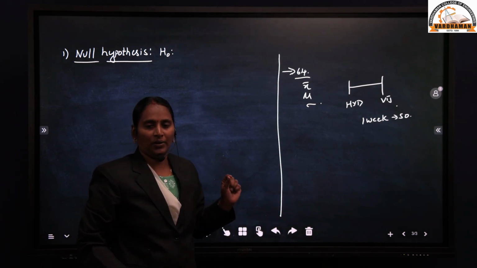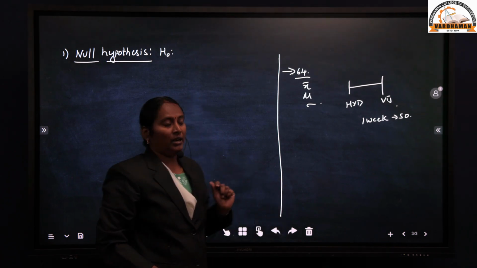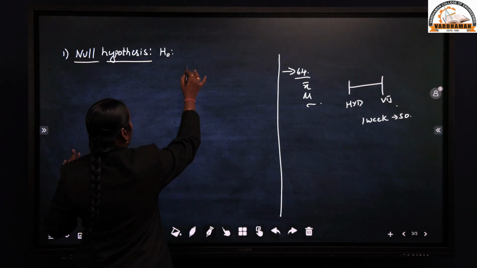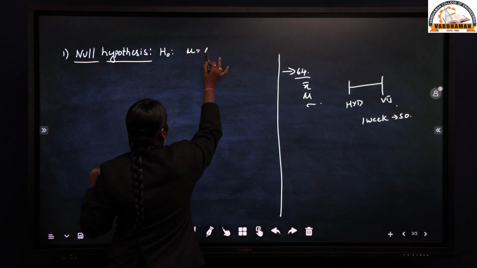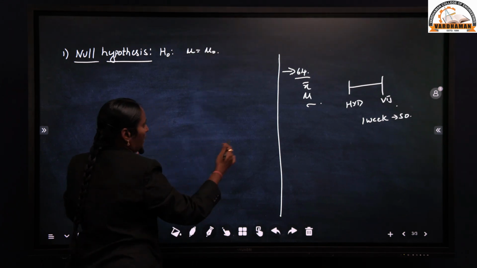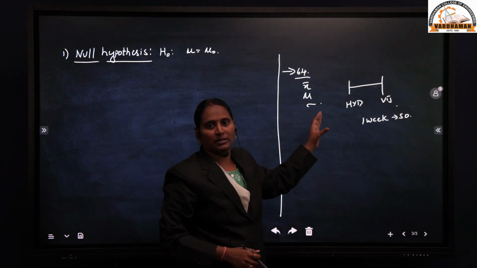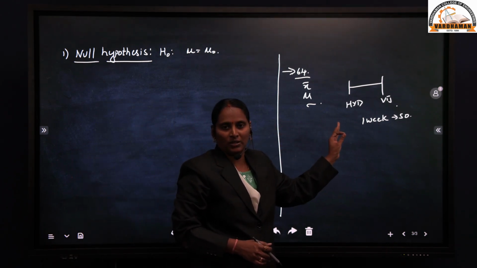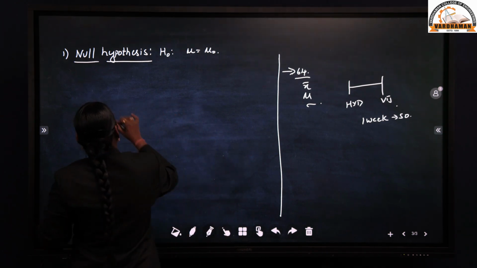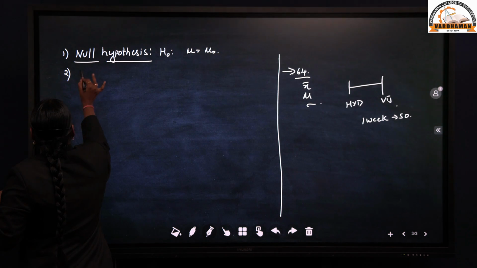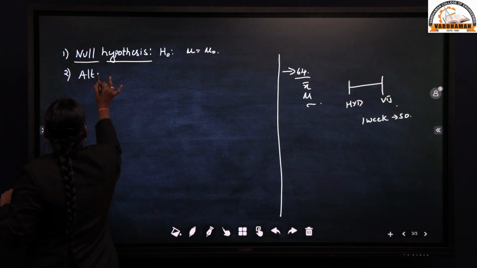It means we are going to verify that the population mean is equal to some specified mean mu naught. Or whatever the data we have, we are going to check whether these students are good or not. It means we take H naught as 64 students. Now let us see the second step, the alternative hypothesis.